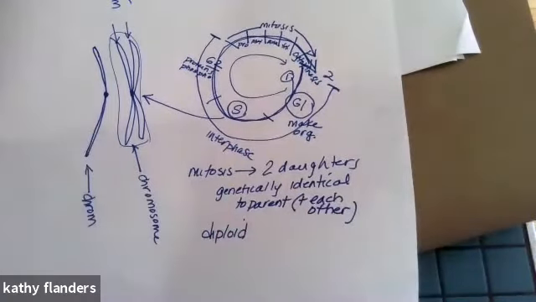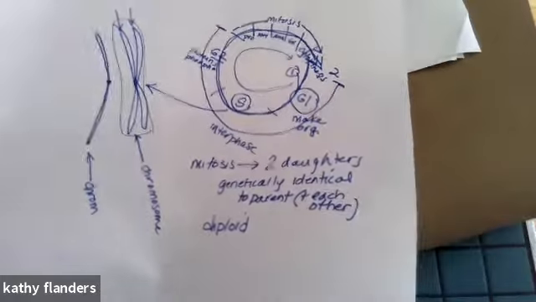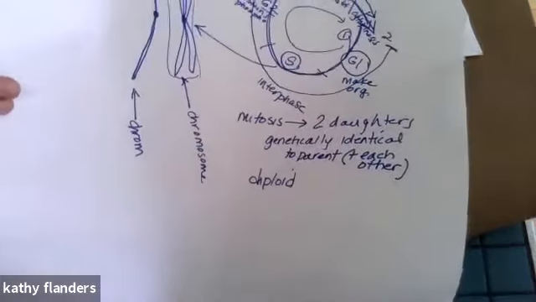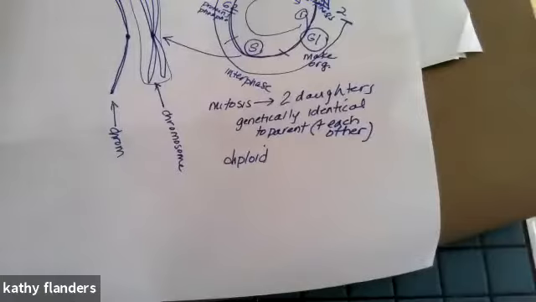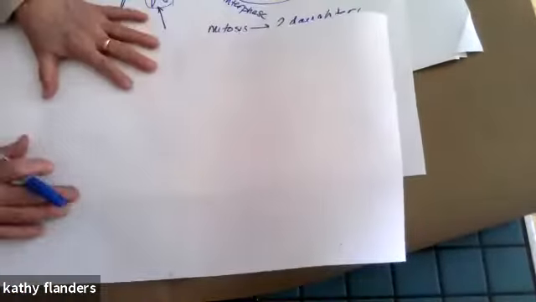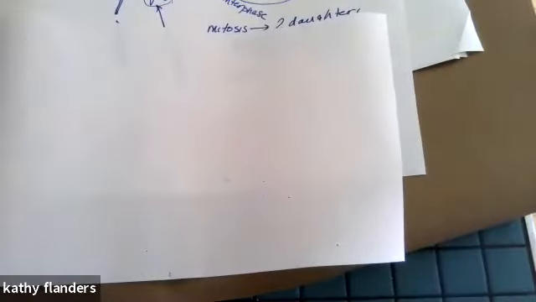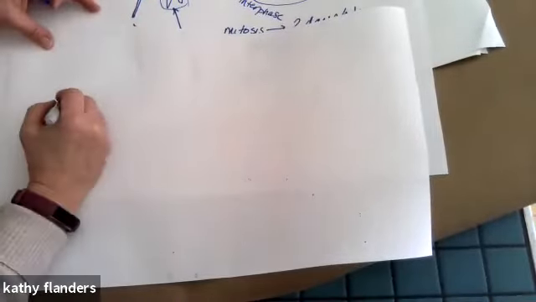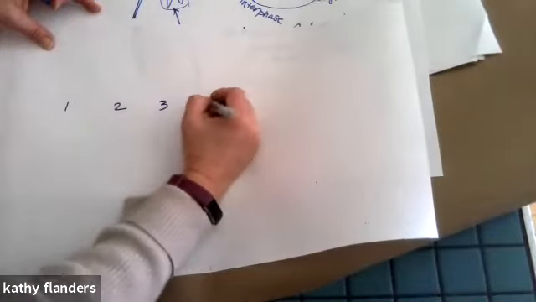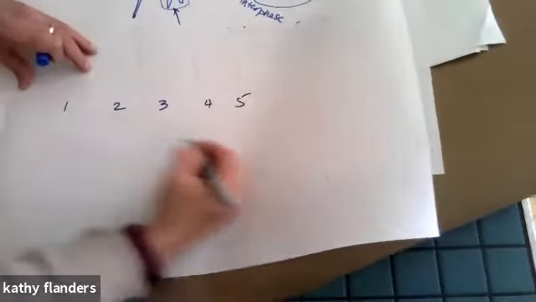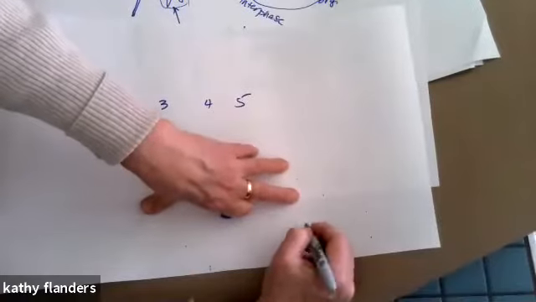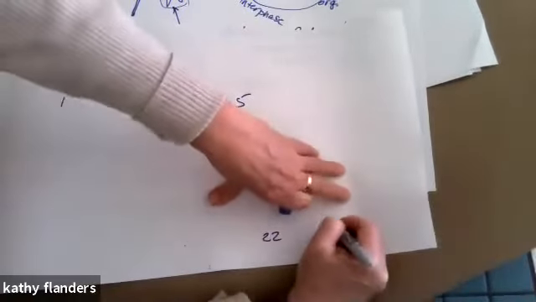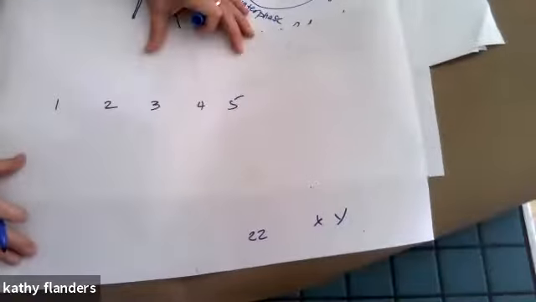Let me switch to this for a second. I have showed you a karyotype, and you'll recognize this when I go through it, but it has chromosomes 1, 2, 3, 4, 5. Okay, it had chromosomes all the way down to 22, and then it had an X and a Y. Do you remember what I'm talking about?